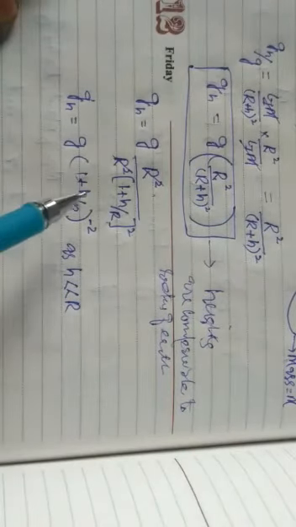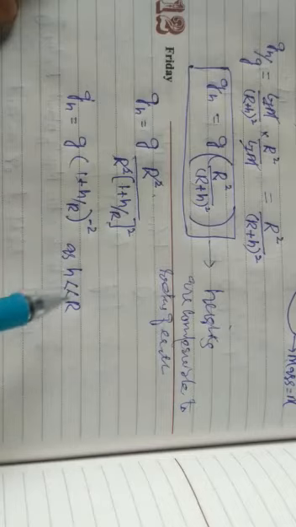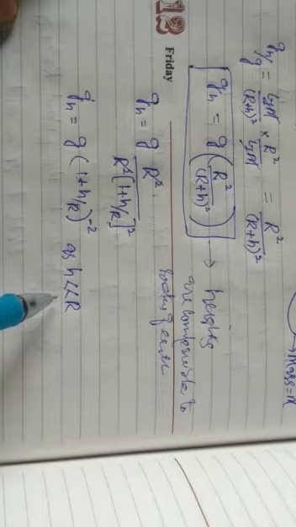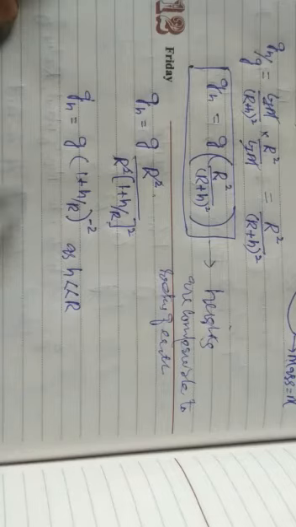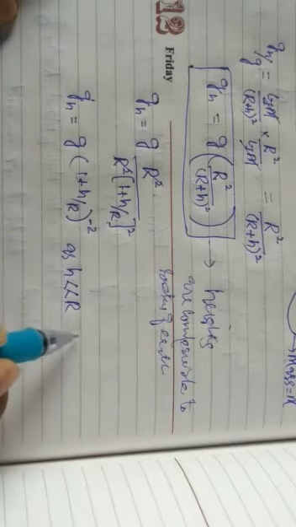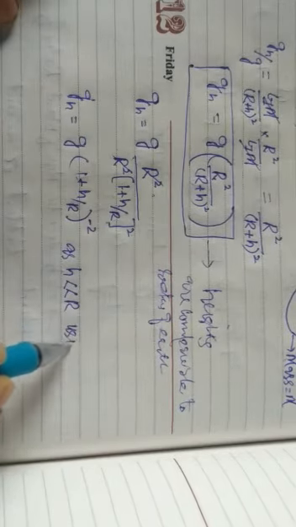And the equation which we are going to derive now is valid when h is very small: 3 kilometer, 10 kilometer, 12 kilometer, 15 kilometer, 100 kilometer. As h is very much less than R, we have to use the binomial theorem.